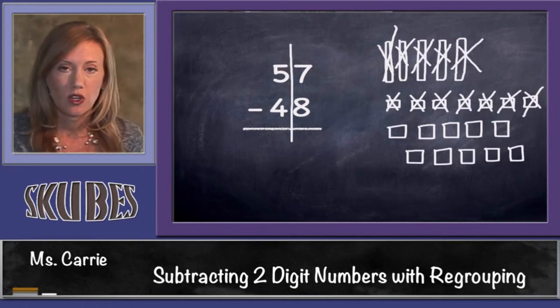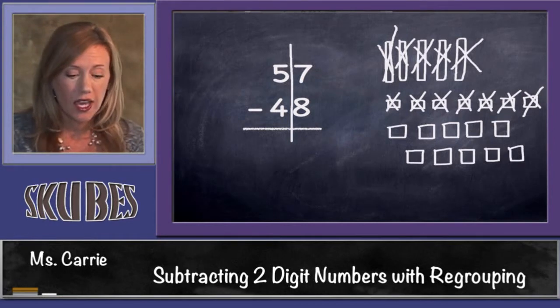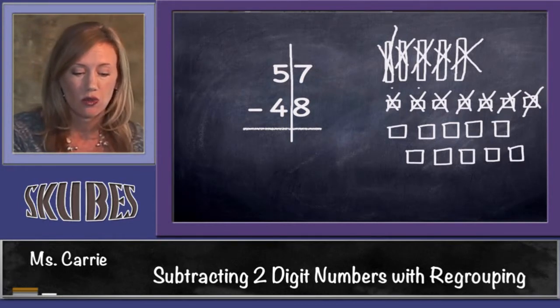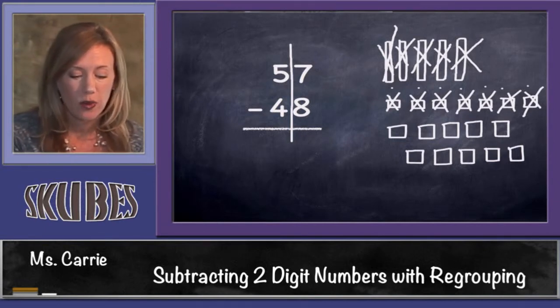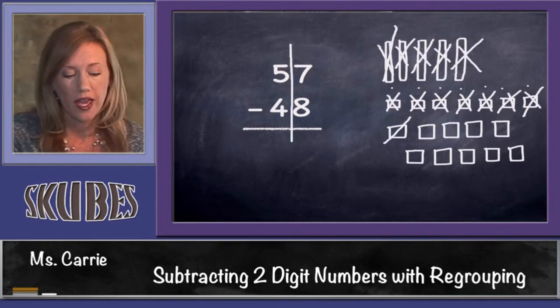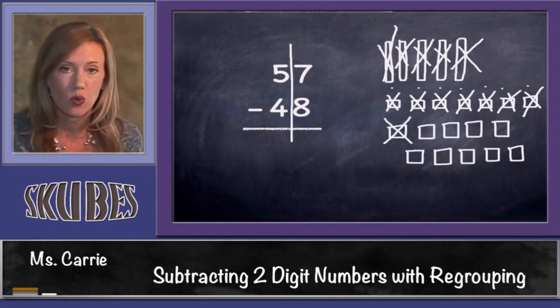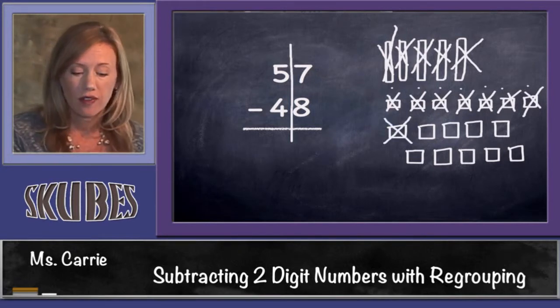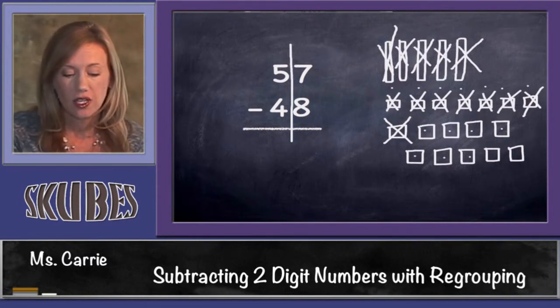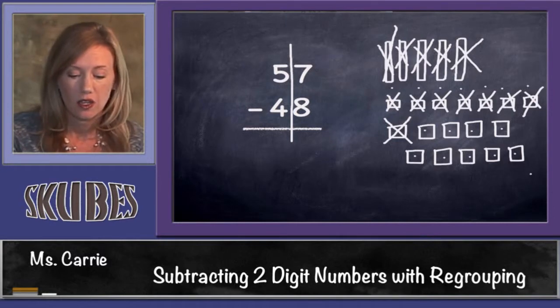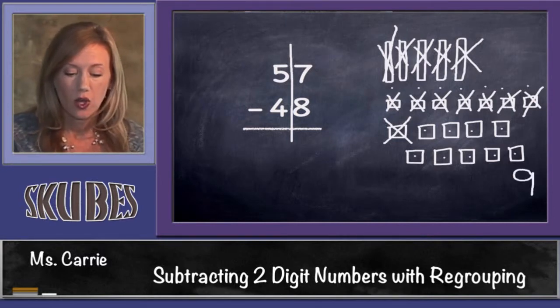Now remember when we took those 8 ones away, we only took 1, 2, 3, 4, 5, 6, 7 away. Now we can take that 1 more away. So we can take 48 away. Now what we have left over is 1, 2, 3, 4, 5, 6, 7, 8, 9. So when we draw it out, we get 9.